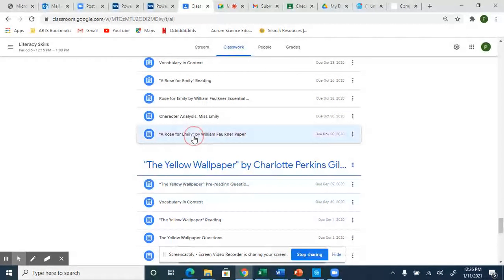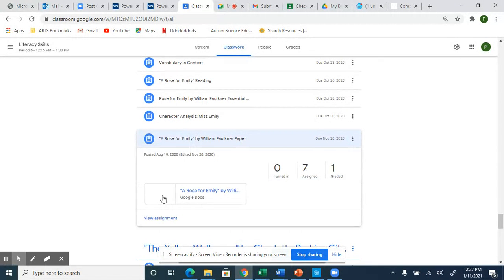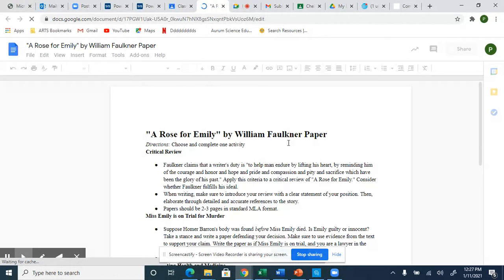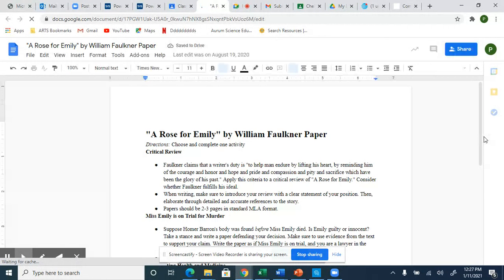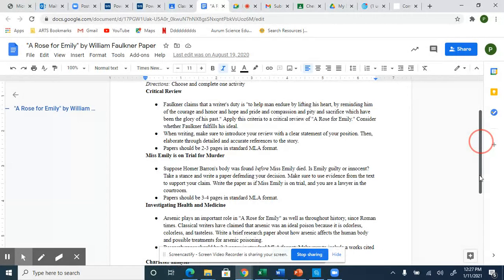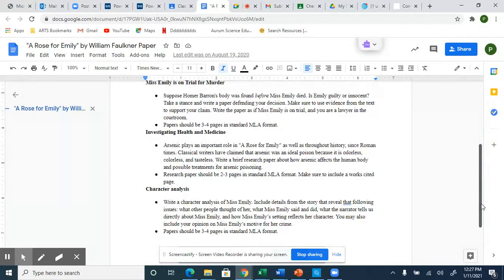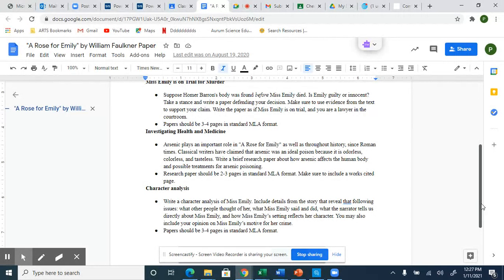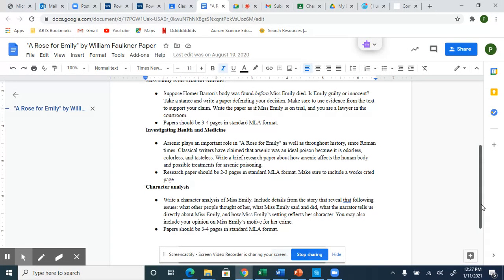The Rose for Emily paper. I thought this was a really easy paper. You have 4 choices here. You can do a critical review. You can act like Miss Emily's on trial for murder. You can talk about arsenic and how it kills a person.